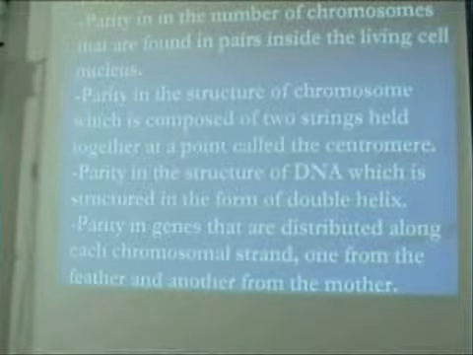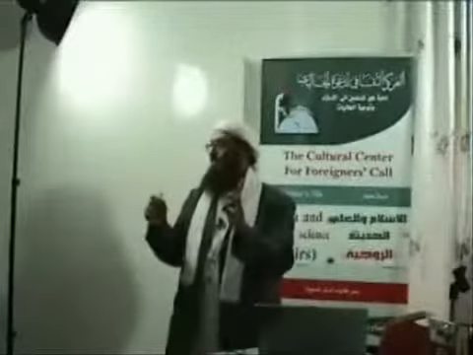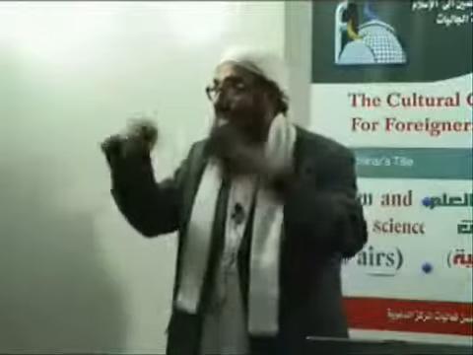Now, the basic structure of life is called DNA. This is the basic structure which is found in the chromosome.